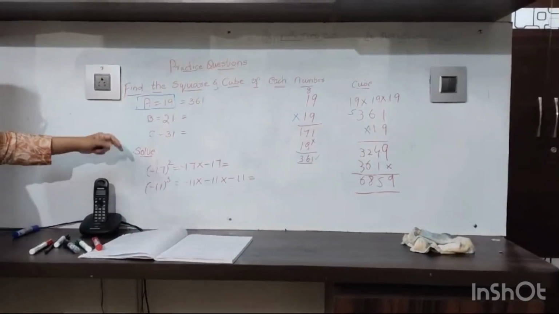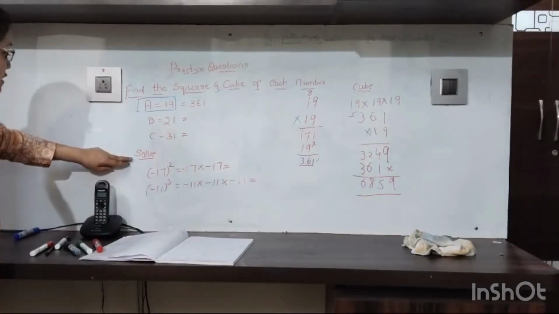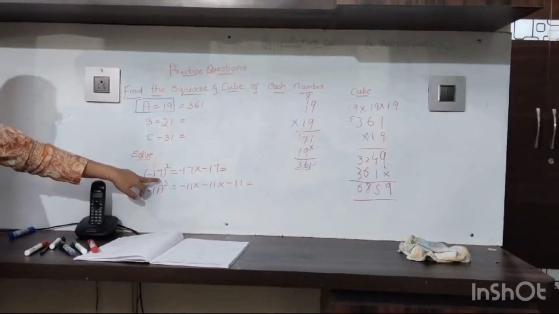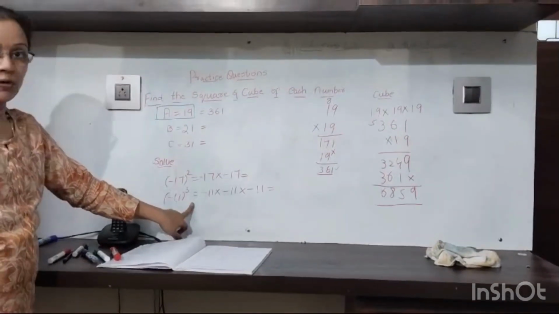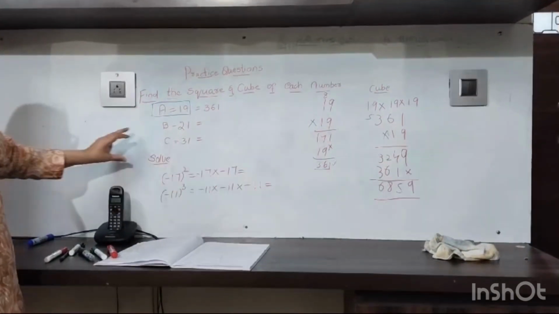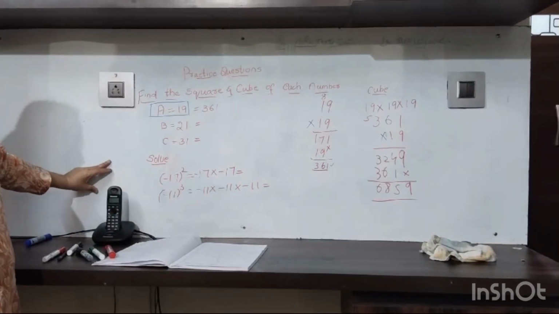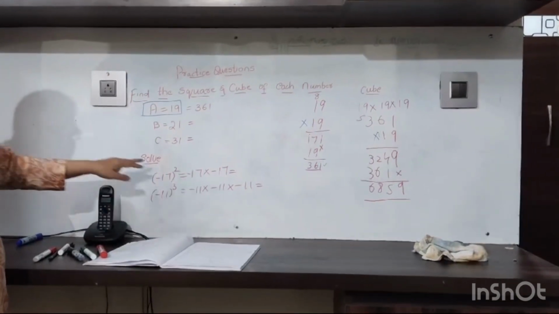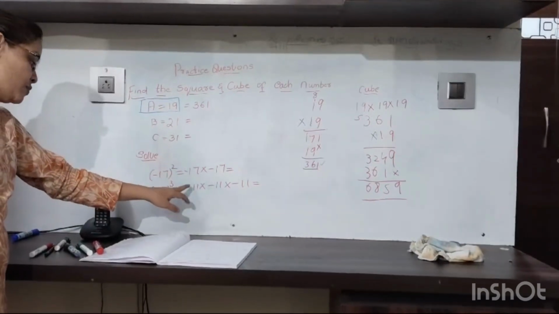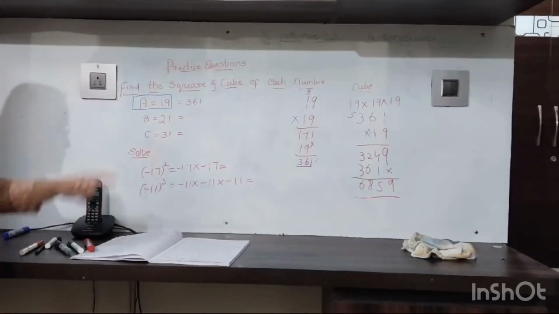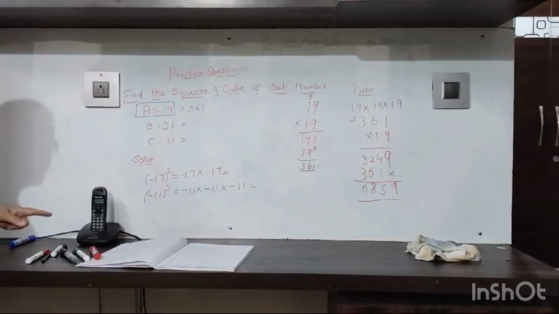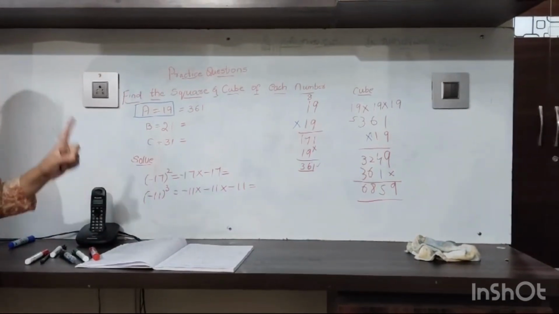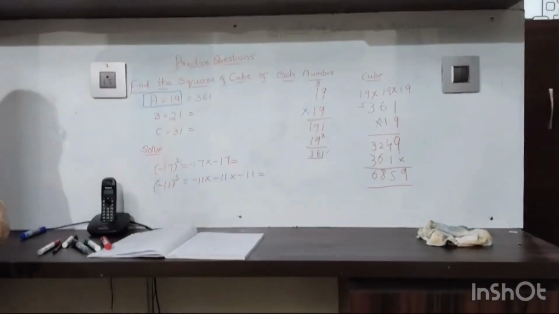Okay. Next, the third question is solve minus 17 square minus 11 cube. Here, I'll give you a note, children: the cube of an even number is always even, and the cube of an odd number is always an odd number. Understood?